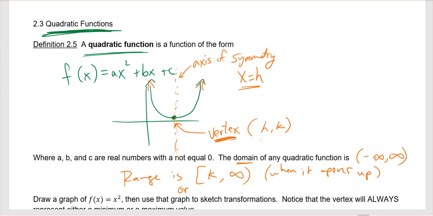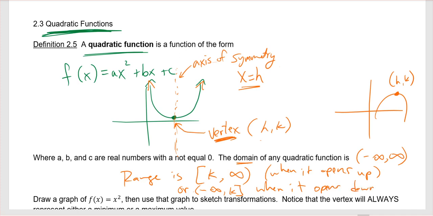Or if we had one that opened down, and this would be (h, k), then we can say that would be negative infinity up to k when it opens down.